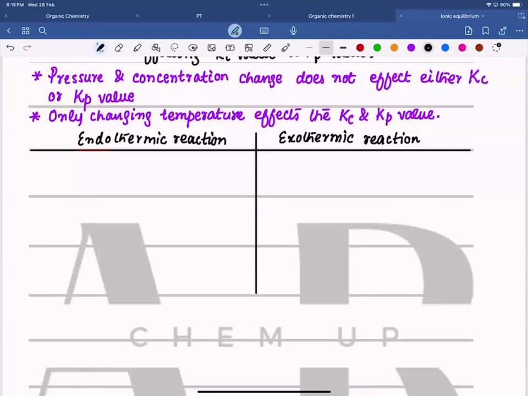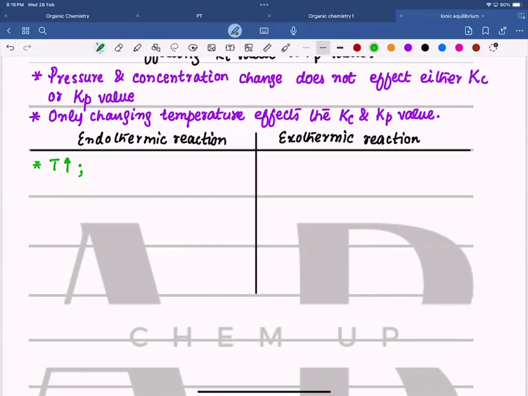So in an endothermic reaction, if the temperature is increased, endothermic means the forward reaction will be endothermic or the backward reaction will be endothermic? The forward.